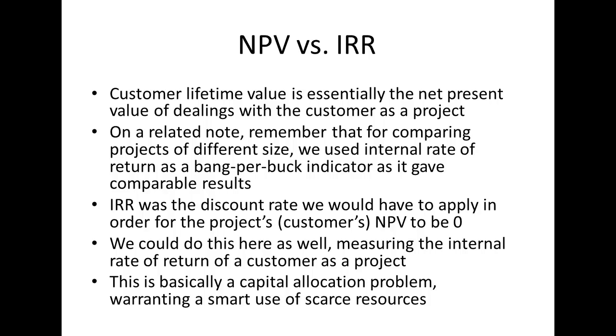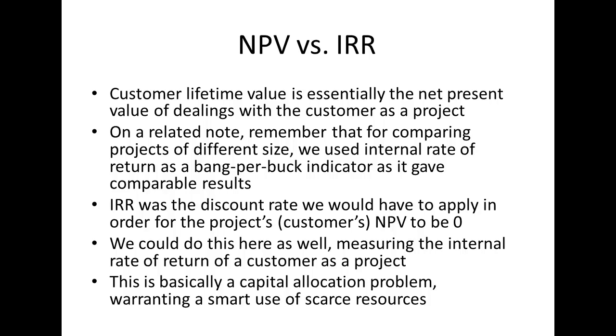Now, think of it this way: if we compared projects of different size in finance, then we didn't really use net present value, but we used internal rate of return instead, because internal rate of return was a kind of bang-per-buck indicator that told us how many percentages of return we get for $1 invested, and it gave us comparable results in the case of different projects.